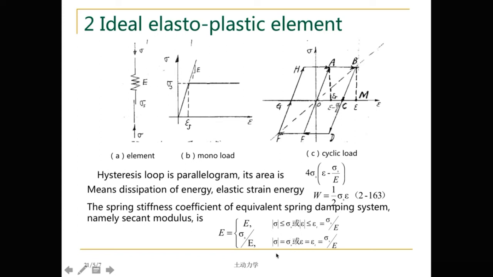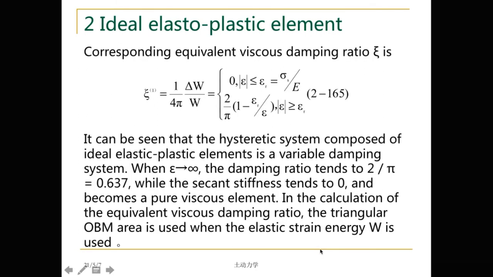This is the condition where the load is equal to the strength sigma s, or epsilon reaches the reference strain. The corresponding equivalent viscous damping ratio Kc is calculated by this equation.